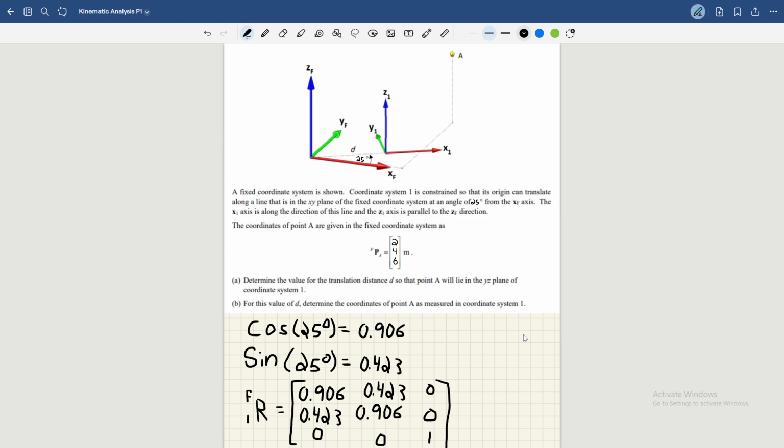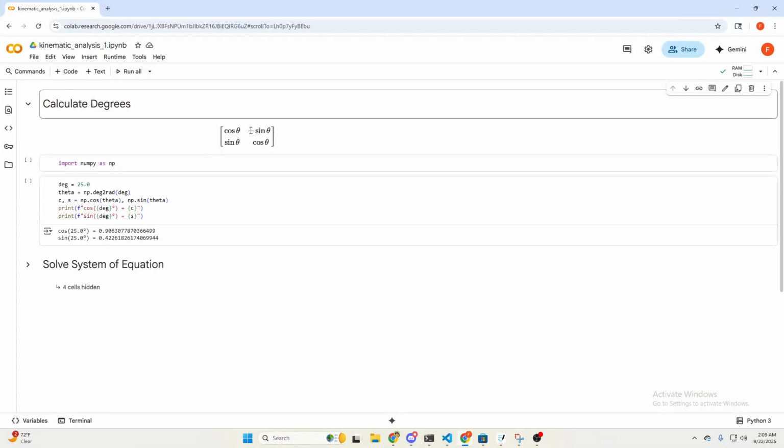So first, what do we need to know? We need to know what the rotation matrix is as we get from system 1 to F. How do we do that first? Well, first we need to know the cosine and sine that are part of the rotation matrix. What I have here is the Python version.